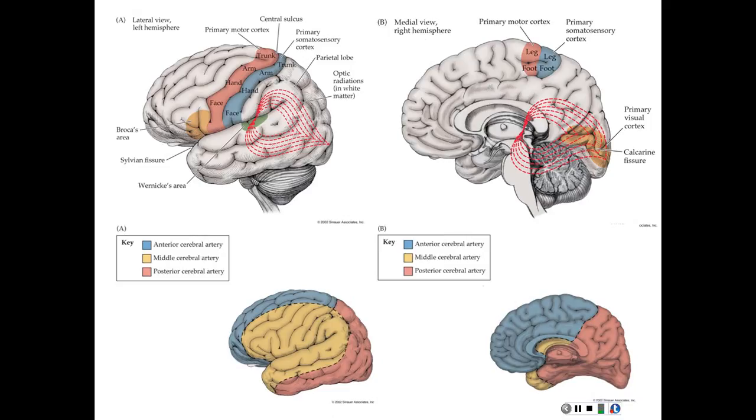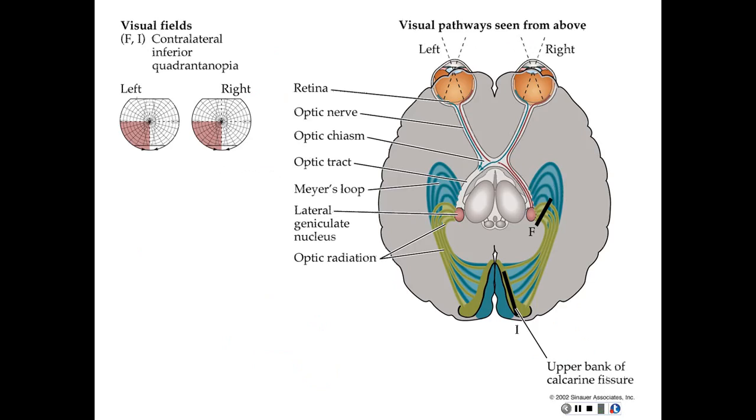And if you think that the visual cortex is in here, situated on either side of this calcarine fissure, that's receiving blood solely from posterior cerebral, then that artery is a major one supplying vision. And if that artery goes, you're going to have problems with vision. The neurons that are receiving all this visual information are not going to work properly, and then the patient will present with visual problems.